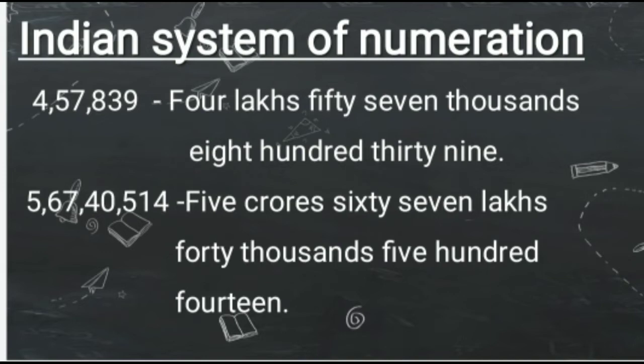The number is 4,57,839, and in the second example the given number is 5 crores 67 lakhs 40,540. I already posted a video about the Indian system and international system. If you have any doubt, please watch it.